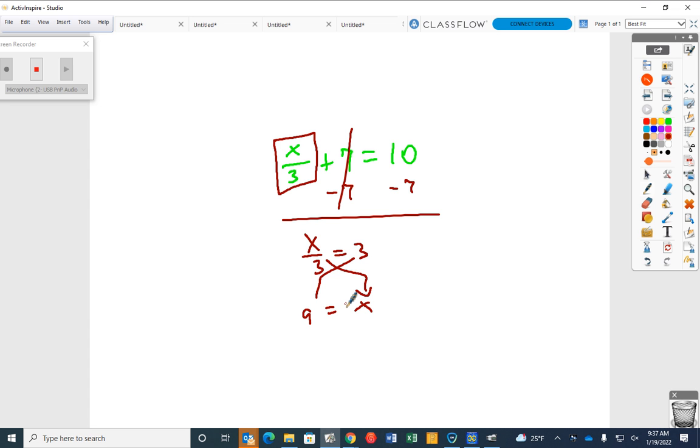Okay. 7 less than twice a number. Why did I emphasize "than"? Because it's not 7 minus 2x, it's 2x minus 7, because it's 7 less than 2 times the number.